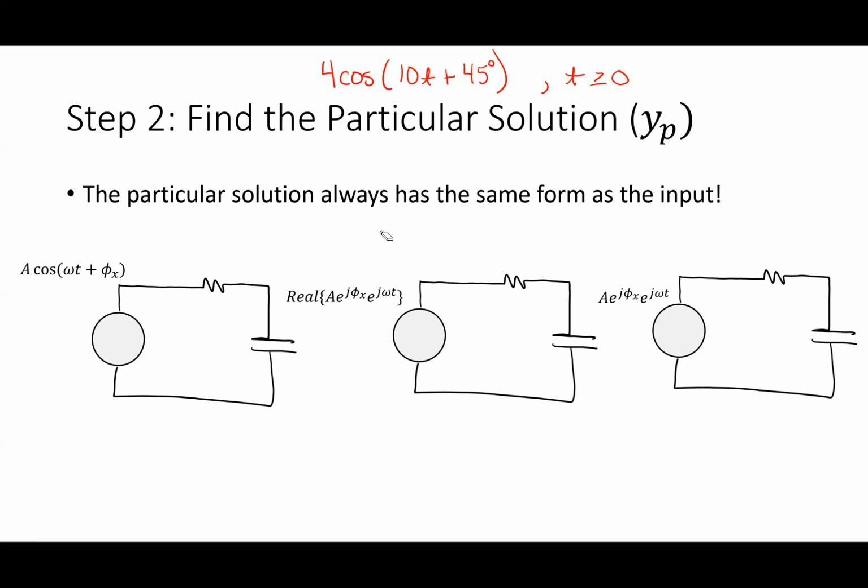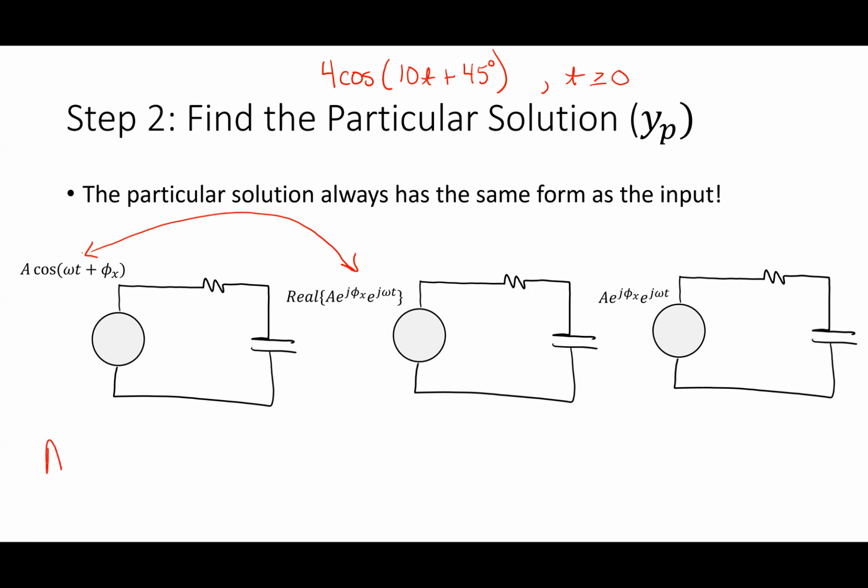And I wanted to take a look at this particular example right here. So if I have a cosine omega t plus phi x as the source, the way we talked about trying to deal with this is we said, well, this cosine is the same exact thing as the real part of a e to the j phi x e to the j omega t. And you should be able to see that, right?